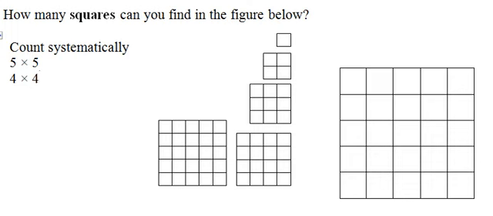Okay, similarly, we can count the 3 by 3 squares. Let's first count in a row. 1, 2, 3. There are 3 3 by 3 squares in a row. Okay, how many rows do we have? 1 row.